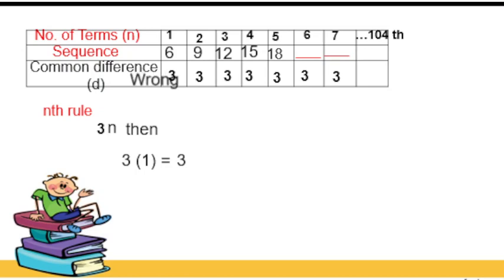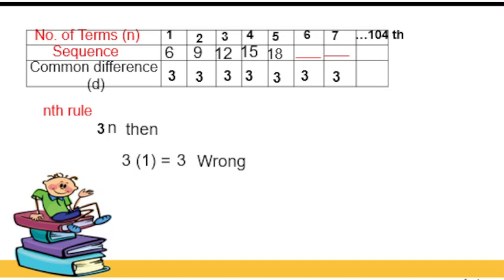So that is wrong. Why? Because we have to get the first term, which is 6. So therefore, the 3n has to be added by another number to get 6.